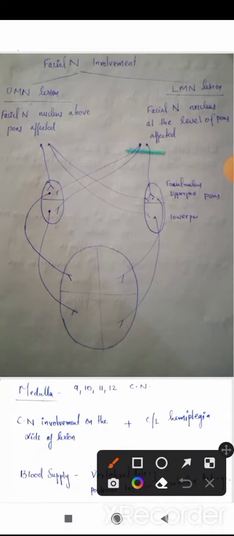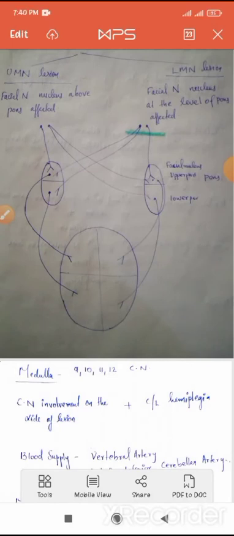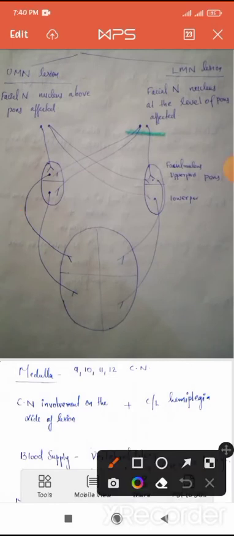Now, first of all, we will discuss what is normal. See here, the facial nerve has a nucleus at the level of the pons, and it also has a nucleus above the pons, most commonly at the level of the internal capsule.